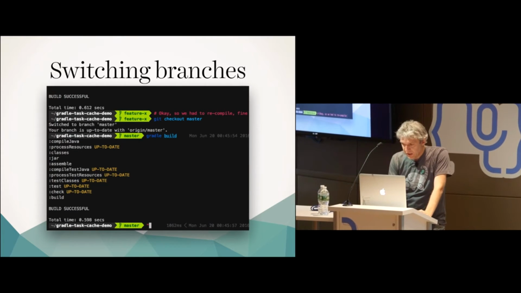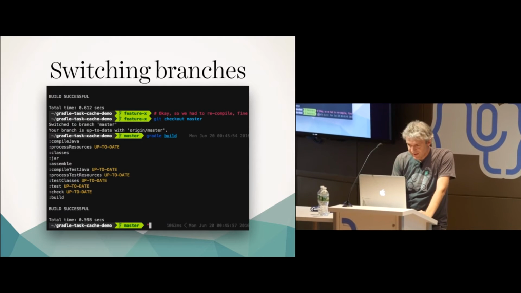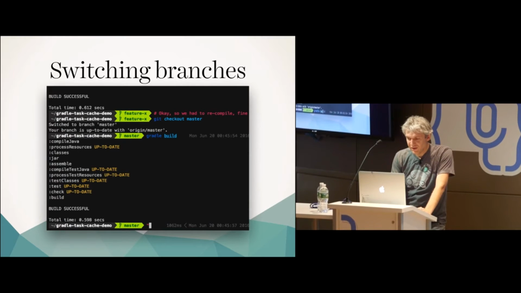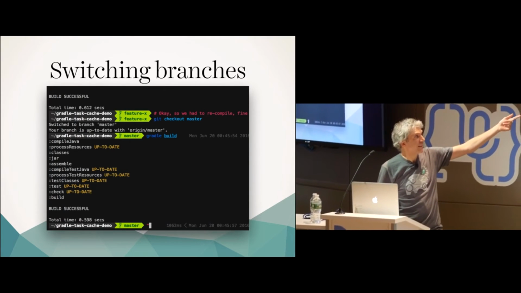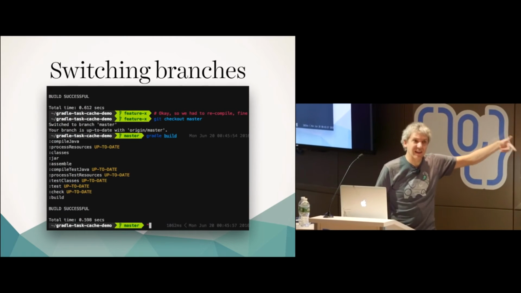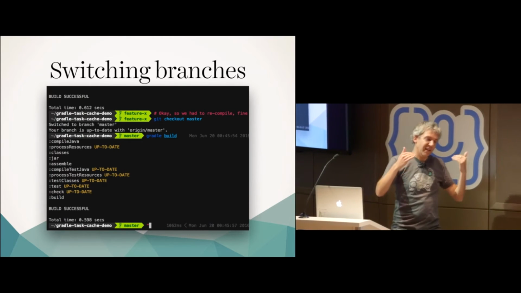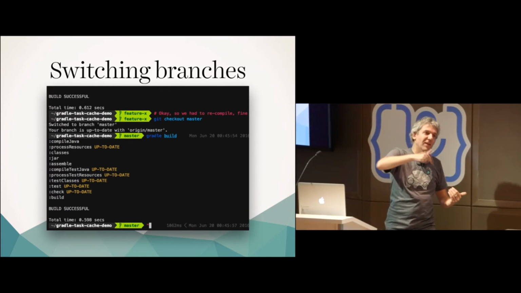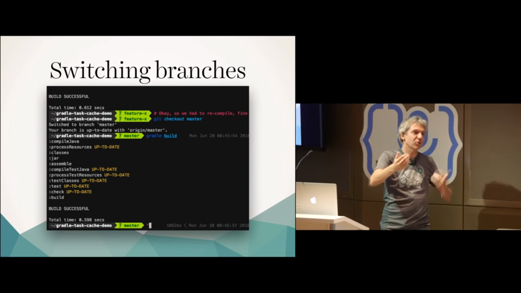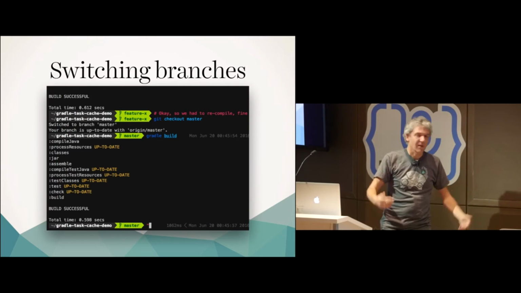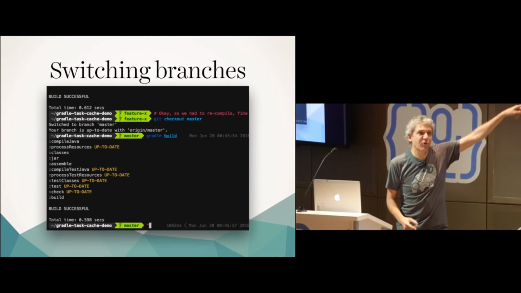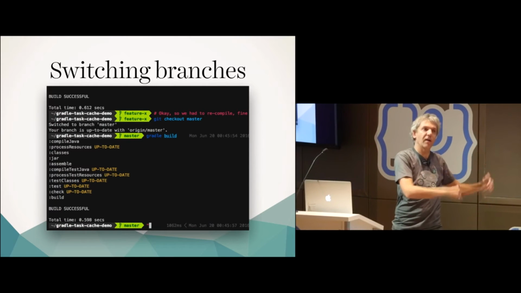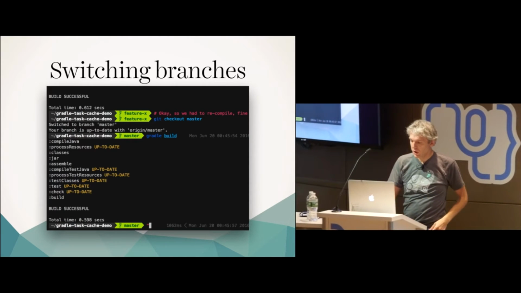This is fine, but when we now go back to master and we build again, we have to recompile again, because Gradle's incremental build only remembers the last build. So when you switch between branches, you always have to do a rebuild, although we had built that before on this local machine, but this has gone after the switch to another branch.